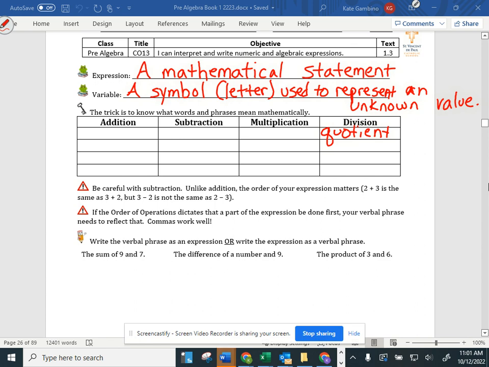If it says, what is the quotient of 18 and 3, we need to divide 18 by 3. You need to know what these terms are because they use way more than just multiply, divide, add, subtract. Another way to say divide is into groups of.